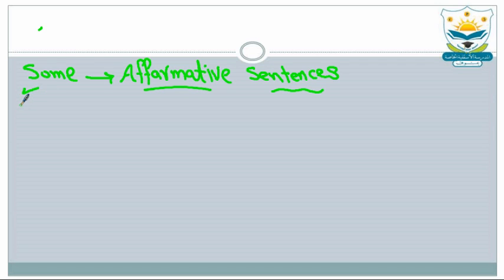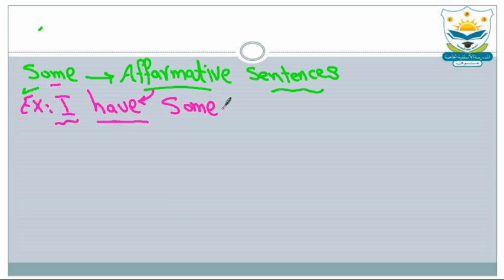For example, I have or has? Have, because there is I, a plural subject pronoun. Then I have some or any? Here I have an affirmative or negative sentence? Of course affirmative. And we said we use some in affirmative sentences, so we should put some in this sentence.